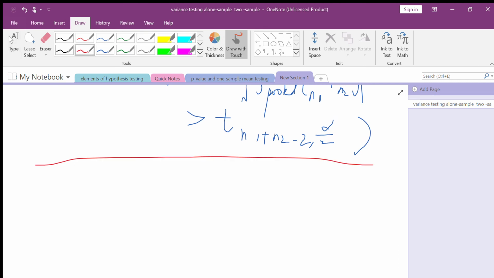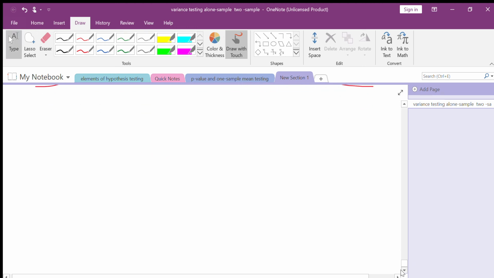Okay, so finally, let's see an example to apply two-sample mean testing. Example.